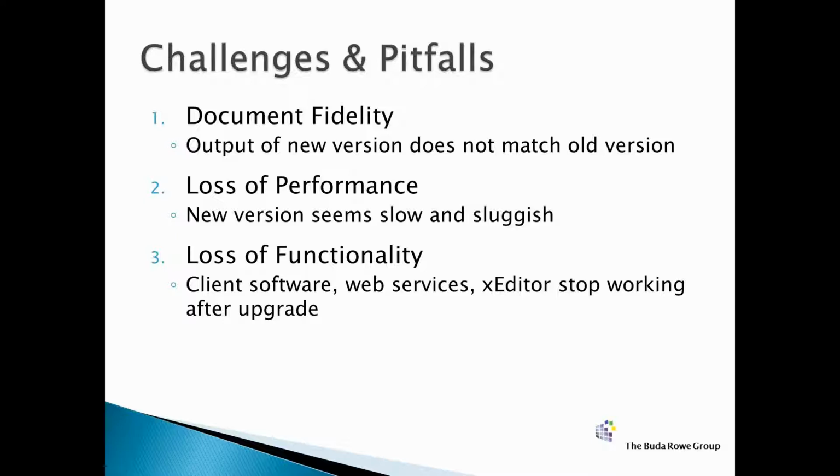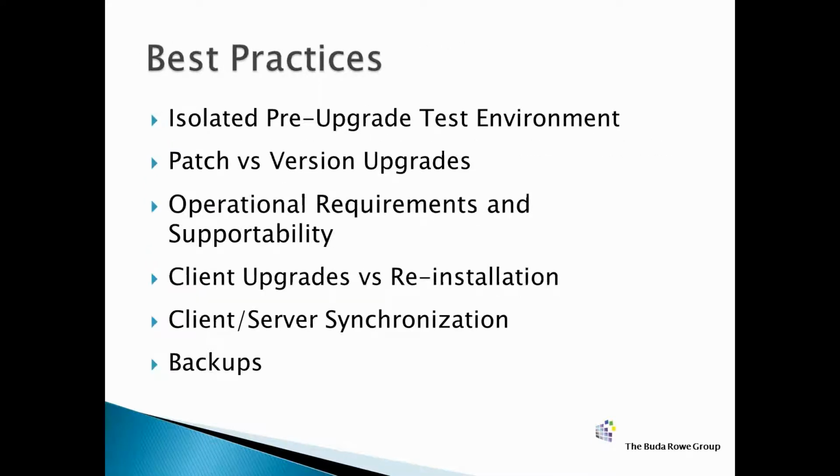So what the Buda Rowe Group has done is we've put together a list of best practices for upgrades. We set up an isolated pre-upgrade test environment. This allows us to do a document comparison of pre and post-upgrade to ensure that the document outputs match, so that we don't run into these document fidelity issues after we upgrade production.